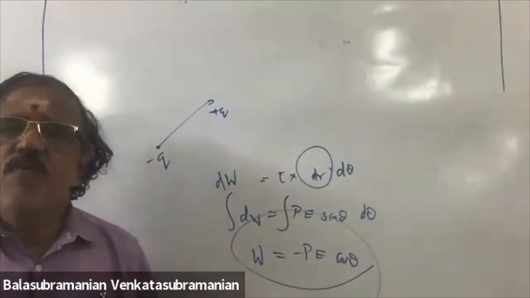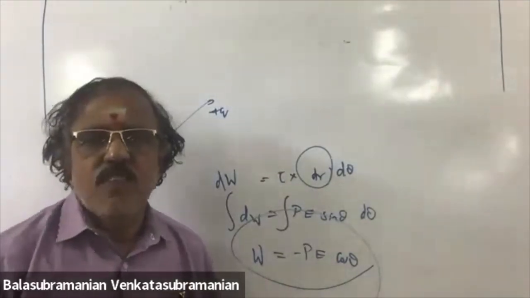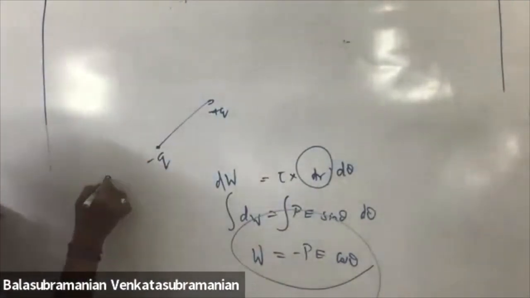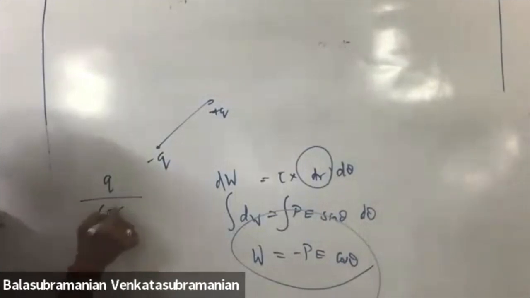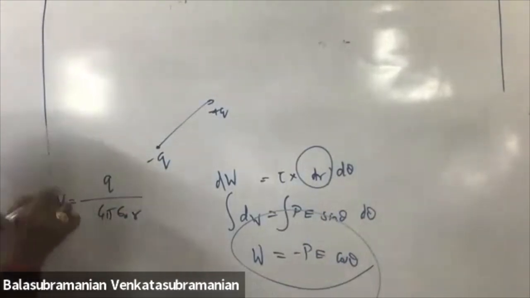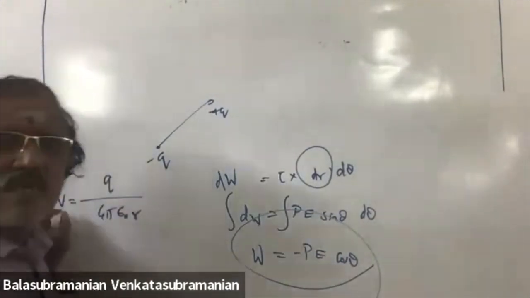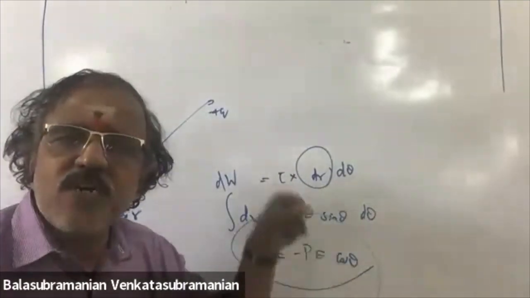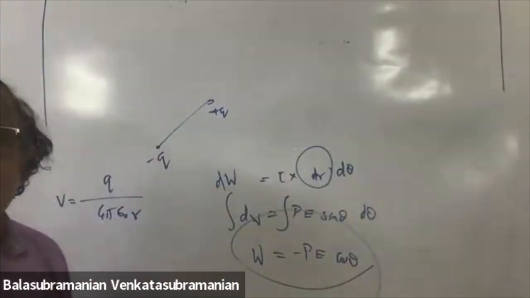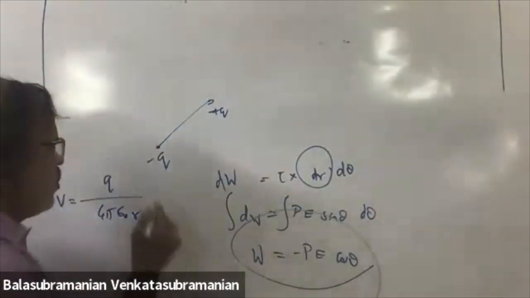Electric potential energy of a point charge, I want, sir. Where you wrote Q by 4 pi epsilon naught R for a potential. It is work done. What is the electric potential energy of a point charge, sir?